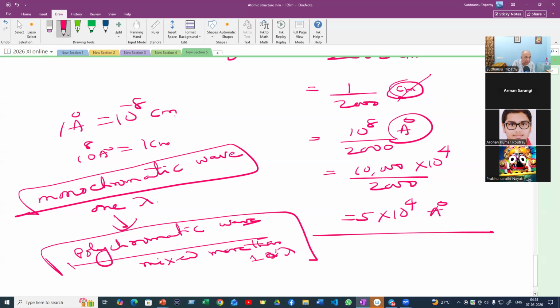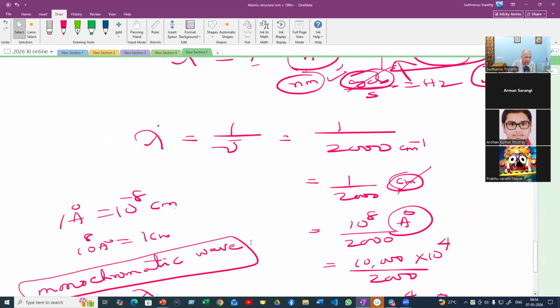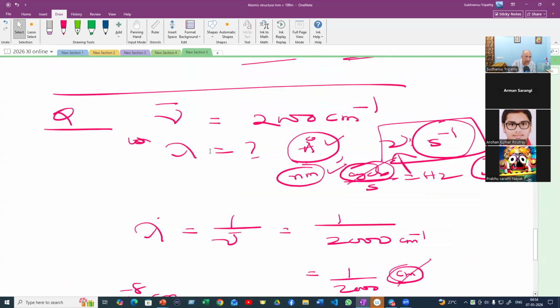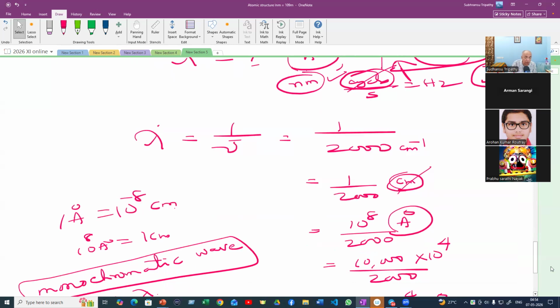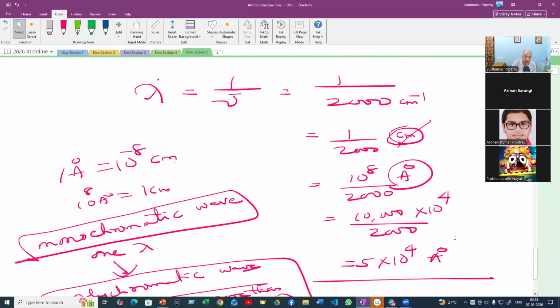And in the questions that you will be getting, you will be given the data for one wave. So I have given for one wave, it is 2000 centimeter inverse. That is the wave number I am giving.